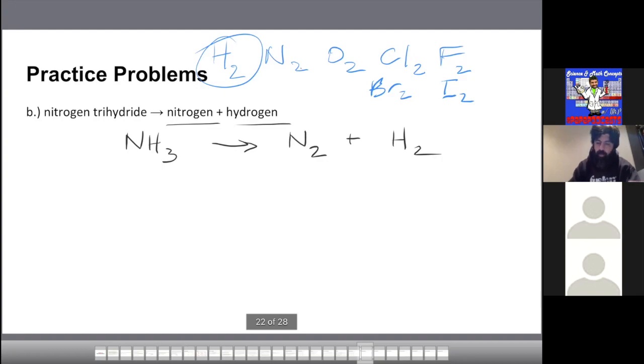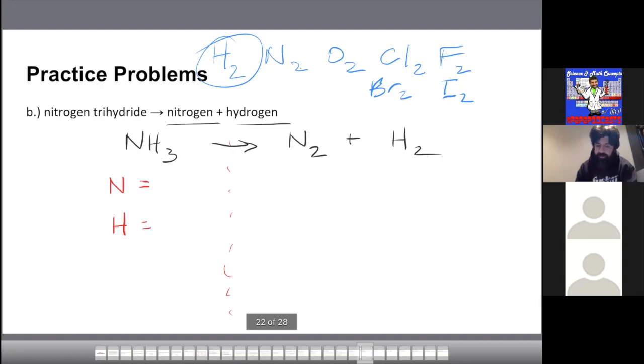Anyhow, when balancing, you write out your skeleton equation, okay? And then I like to separate my reactants from my products. So notice where the separation line occurs. Everything to the left are my reactants, everything to the right are my products. So now I'm going to list them. I've got nitrogen, I've got hydrogen.